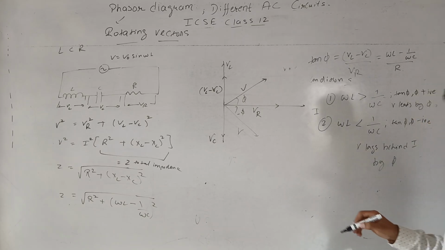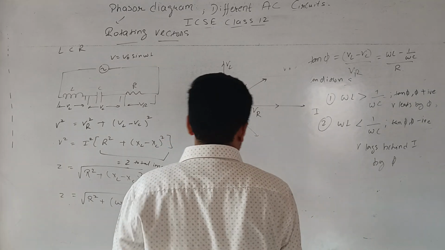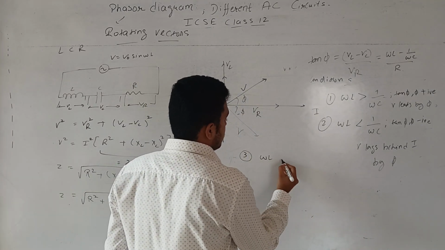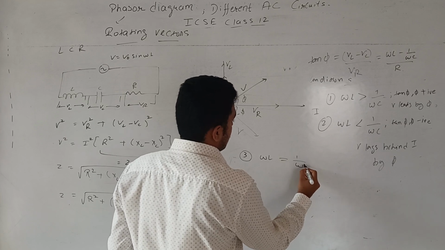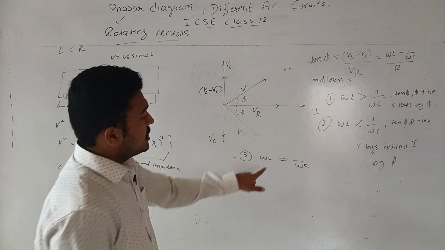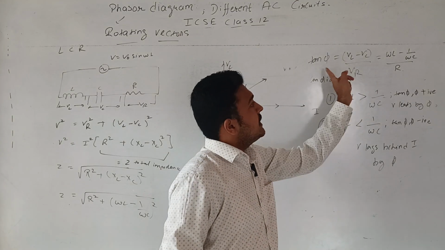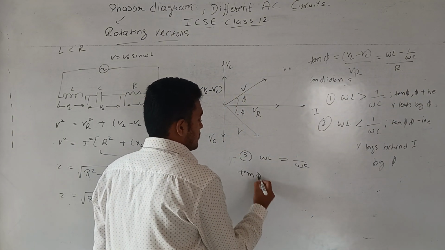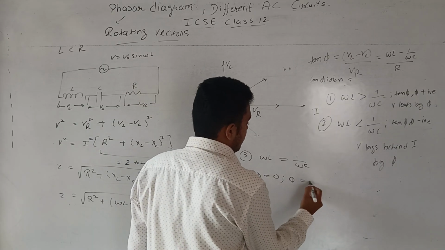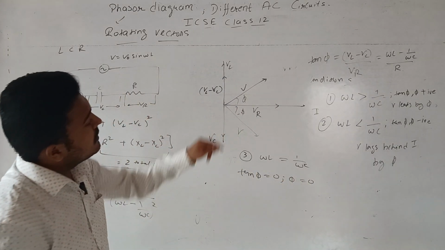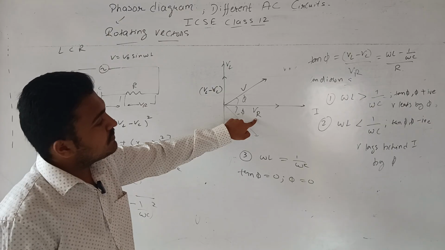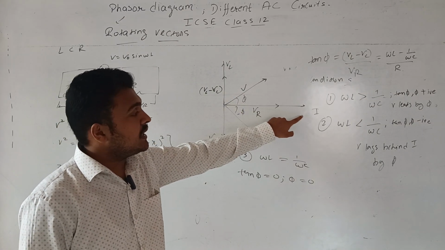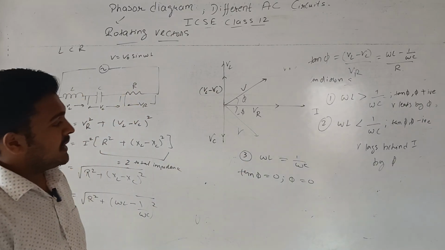Now there is a third condition, which is the condition of resonance. Third condition, what if omega L becomes equal to 1 by omega C? If omega L becomes equal to 1 by omega C, it means tan phi will be 0. So tan phi will be 0, or phi will be 0. It means the resultant and current will be in the same direction.